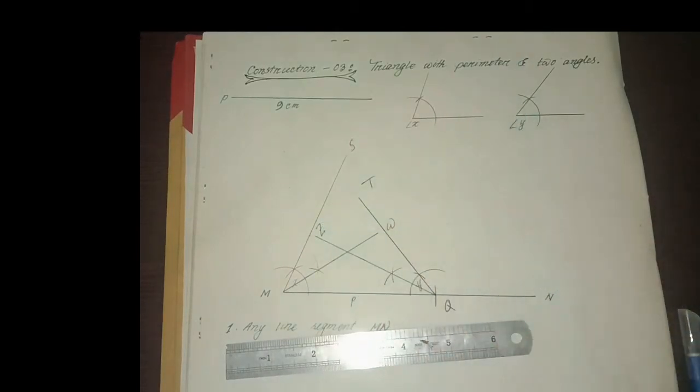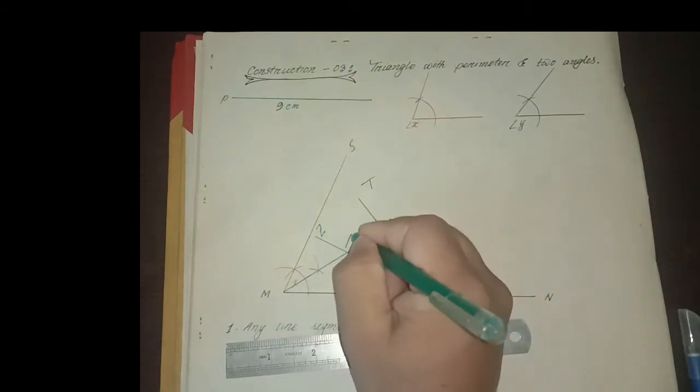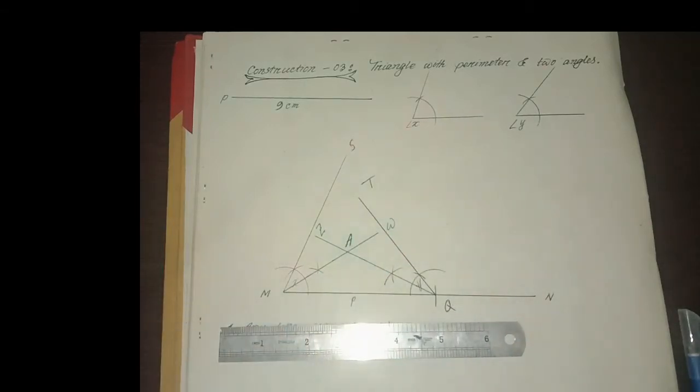I name them MW and QZ, and they intersect each other at point A, as you can see.